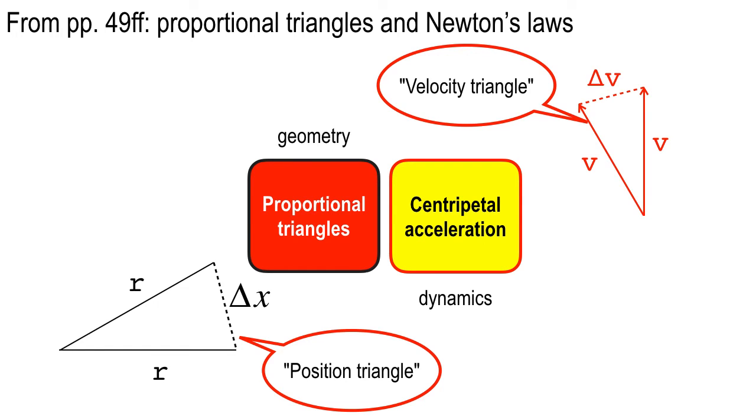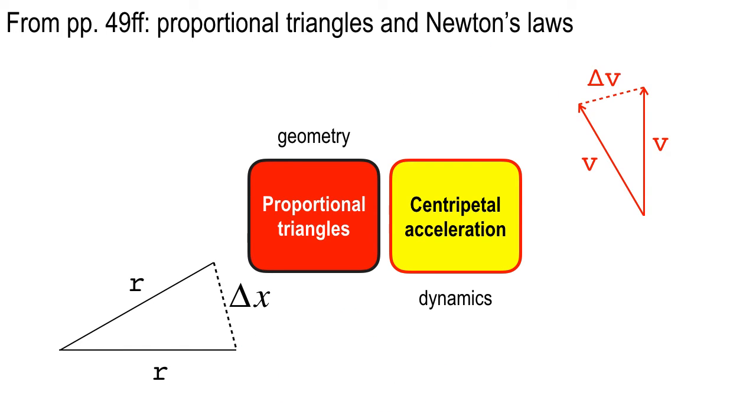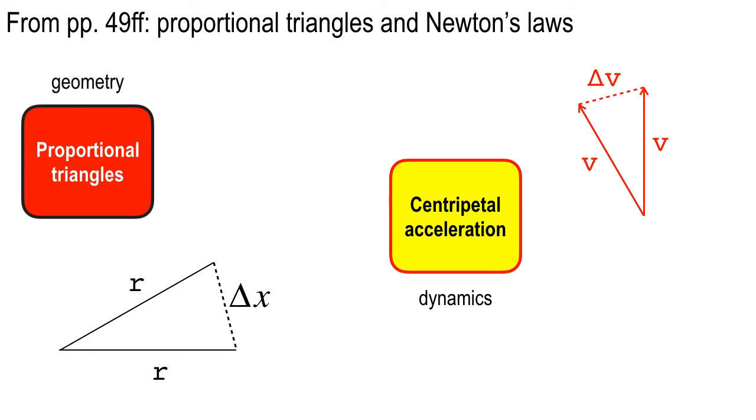What I'd like to emphasize is that looking at the geometry allows us to figure out that these two triangles, the velocity triangle and the position triangle, are proportional. The acute angle in each triangle is the same size. They're isosceles triangles, and therefore you have side-angle-side similarity. They're not the same size, but they are similar.